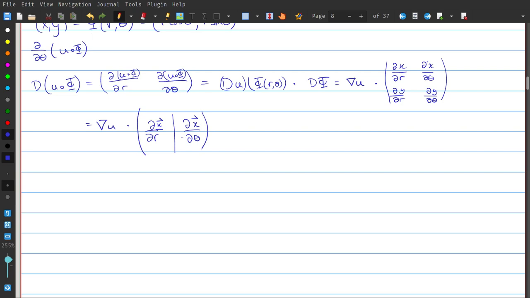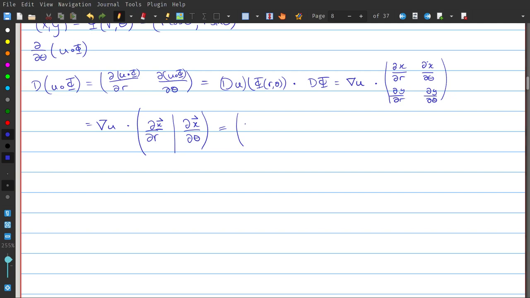And why this is nice is because now it's easy to read off without writing out the full derivative matrix. If we only want one component, we can look up what this is straight away. Because here we only have one row vector multiplied by this matrix, which has some nice columns.